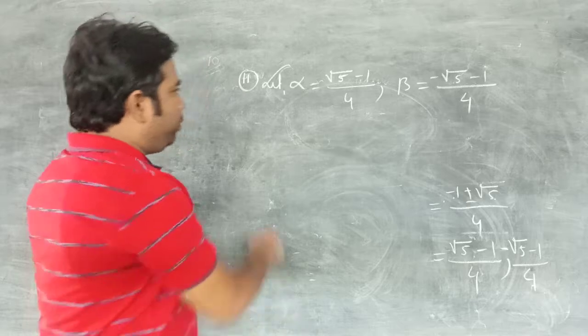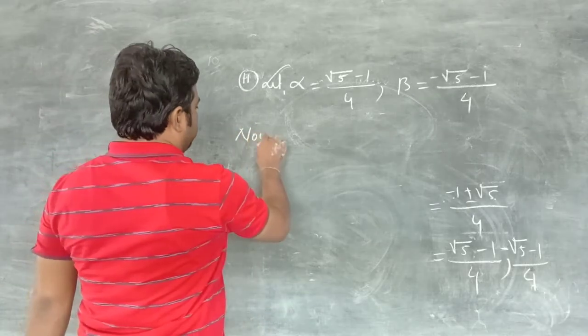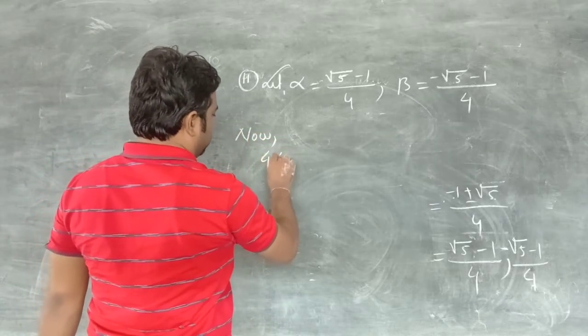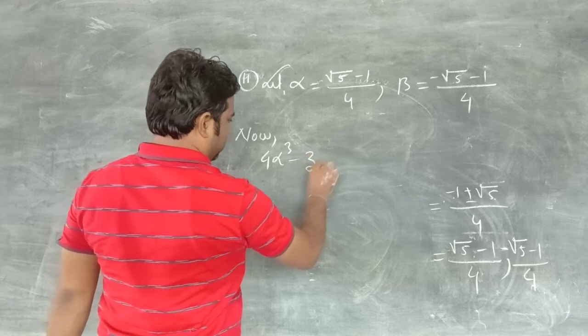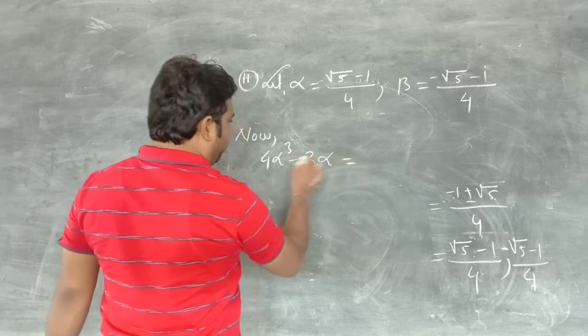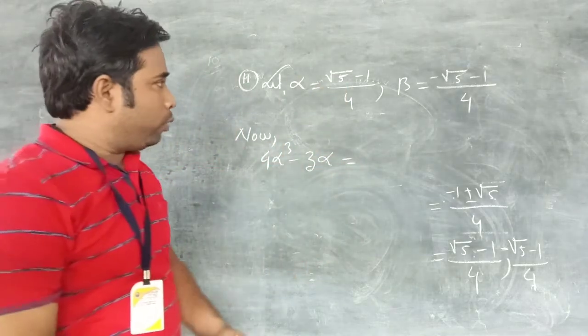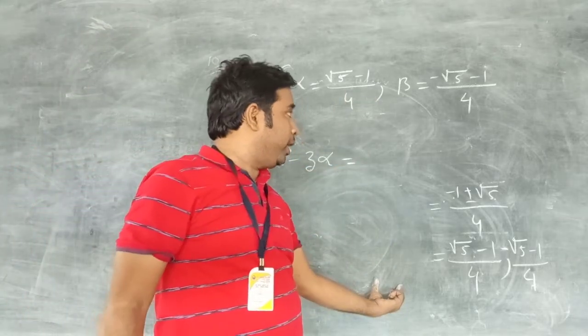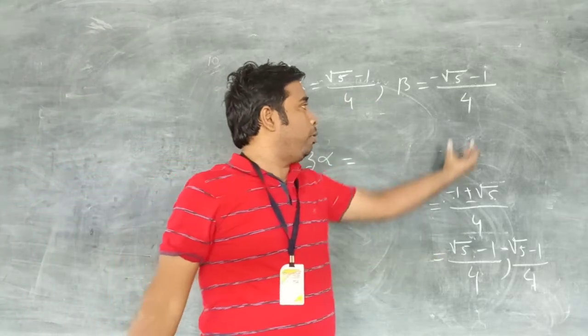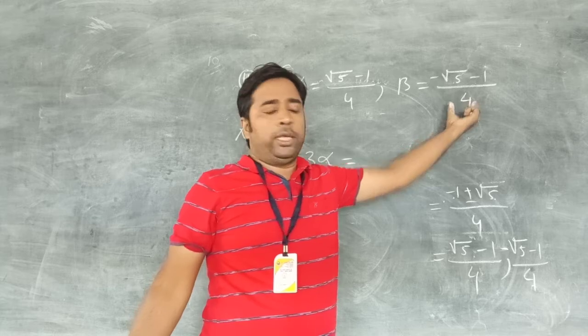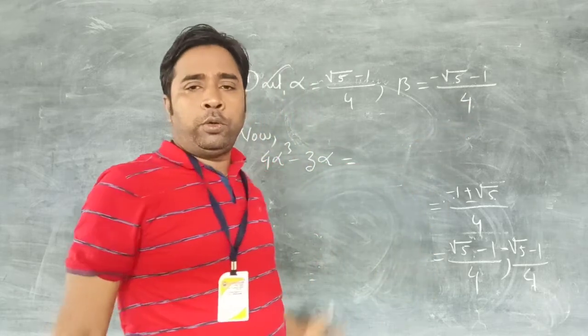Now you put the value of alpha in 4 alpha cube minus 3 alpha, and after simplification you will see that this value equals beta. So you will get the result.